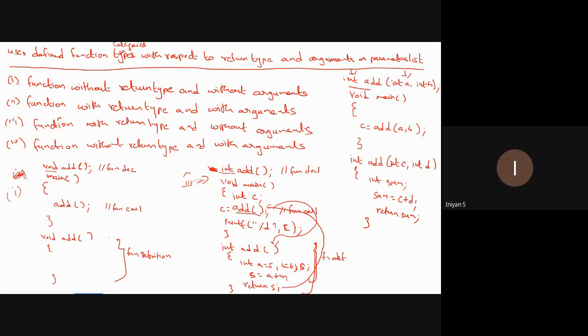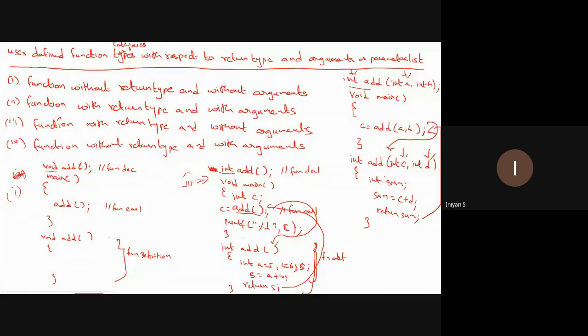Parameter syntax is data type declaration syntax: int A, int B, two parameters I'm going to pass. While calling the function also, we have to call it with parameters. I'm passing the two values, A comma B. The control will go here. A value will be substituted here and B value will be substituted here, and addition will be performed here. I'm returning some value, which has to be stored in C, and C will finally be printed.